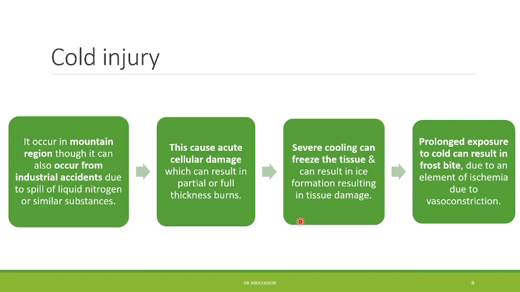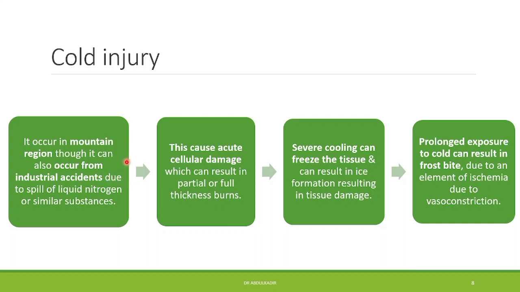Then we can also have a cold injury. In certain countries, they have very cold weather, so it can damage our tissue. This type of burn commonly occurs in mountain regions and also in some industries. It can be from occupation.